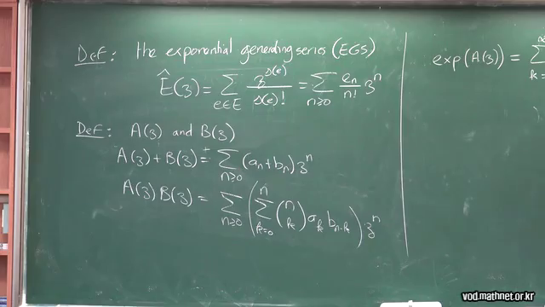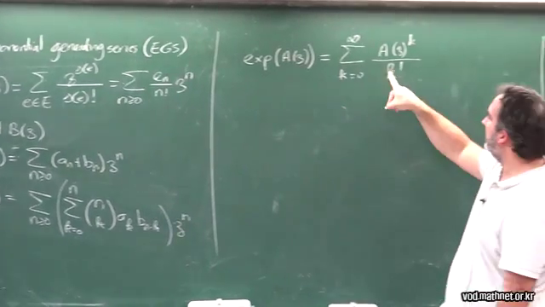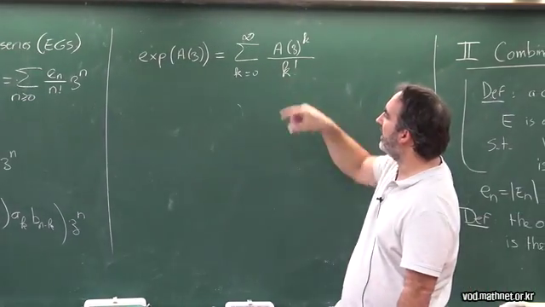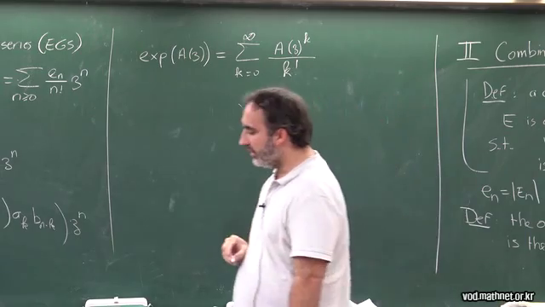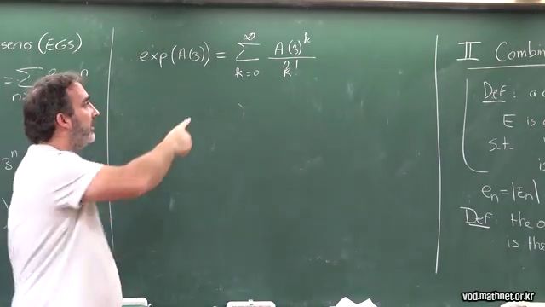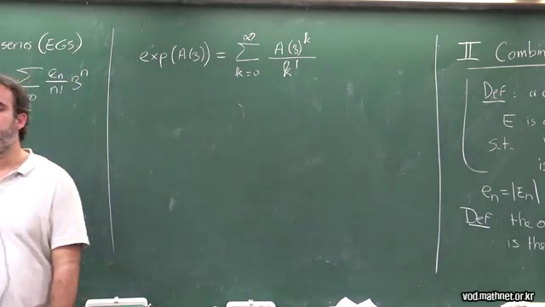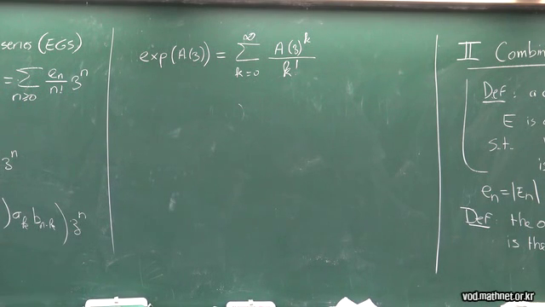But okay, this is well defined because I have a product, and I can divide by a number, no problem. But this is a limit. So there is a limit somewhere, so I have to define it properly.